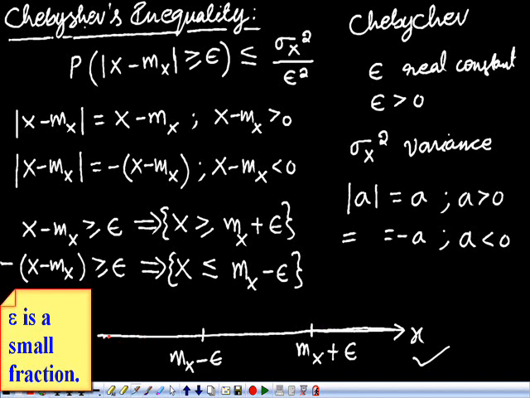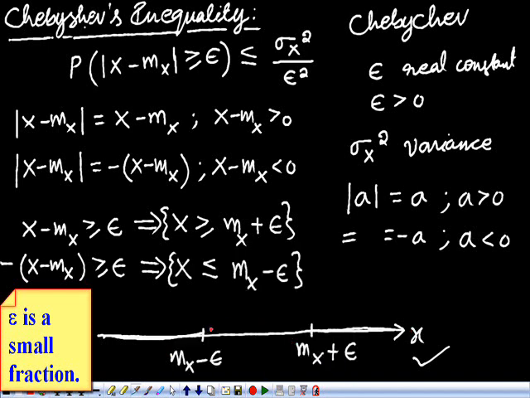Therefore, this event mod x minus mx greater than or equivalent to epsilon can be considered as union of two events. One event is from minus infinity to mx minus epsilon, another event is mx plus epsilon to infinity.